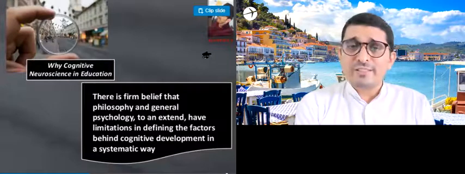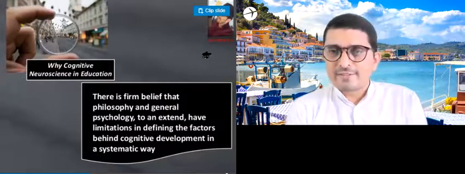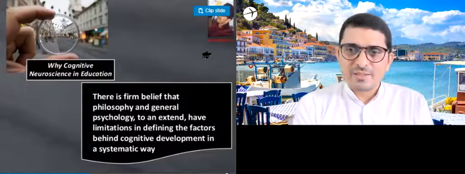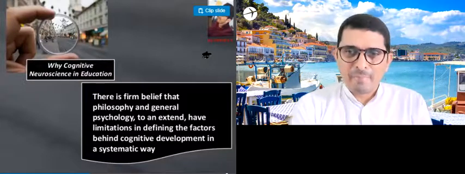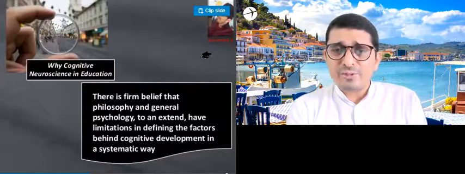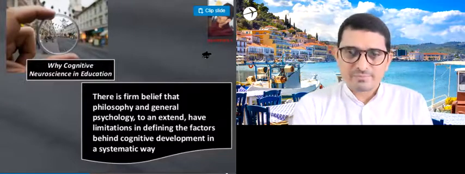Actually, we have to define cognitive functions such as intelligence, thinking, reasoning, decision making, and such things. We have been defining all these things by utilizing the principles of philosophy and psychology.